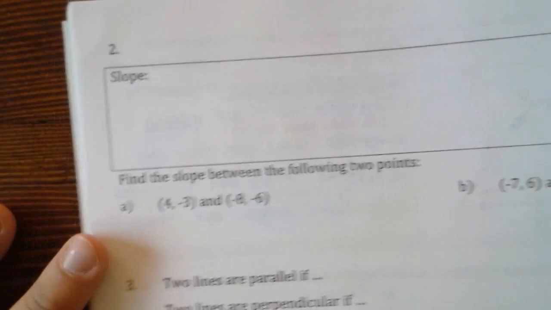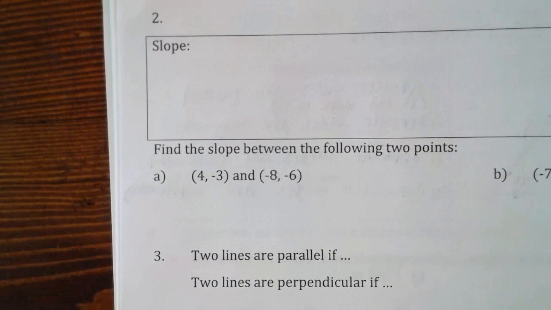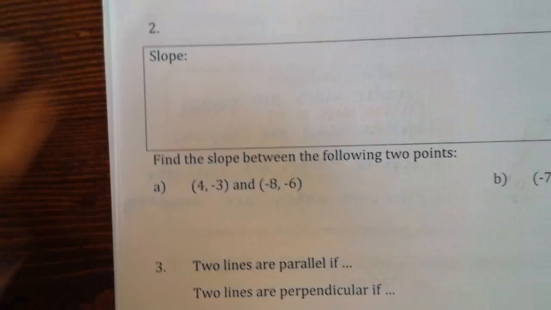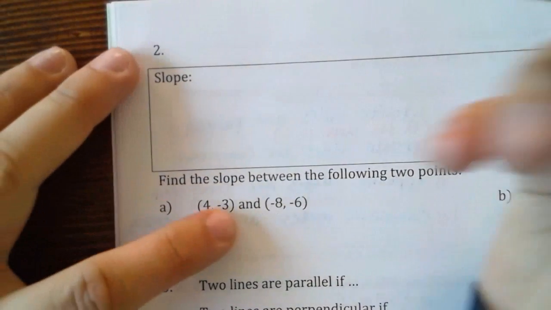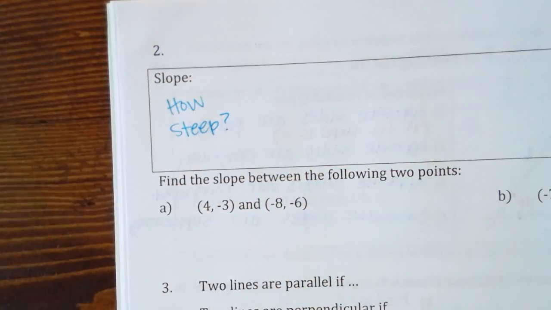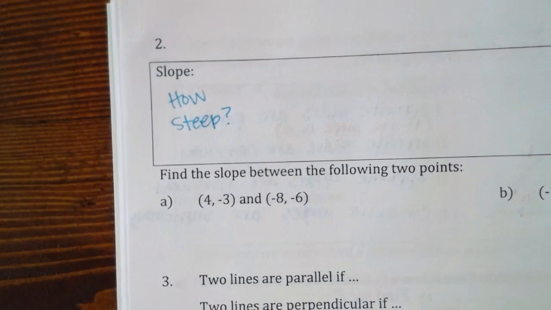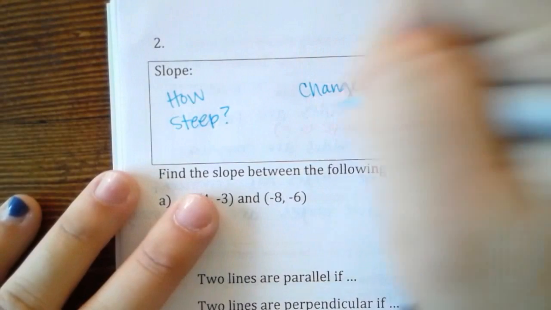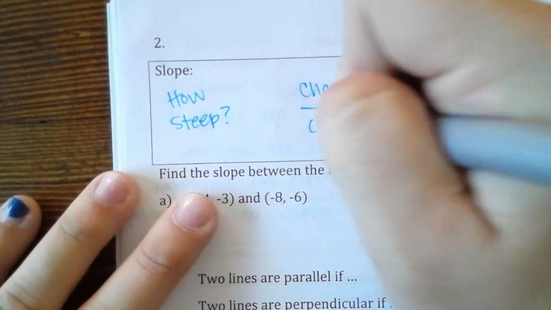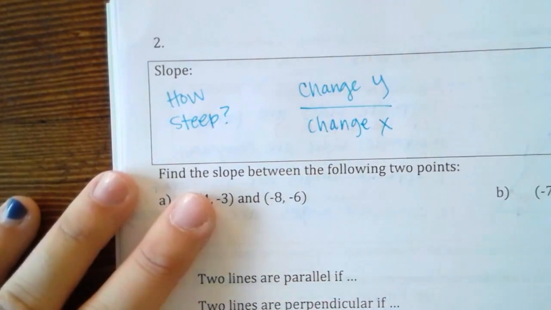All right. Slope. You've done slope for a while. Slope is just saying how steep something is. Now when we talk about slope, we talk about the change that's happening in the y over the change that's happening in the x.